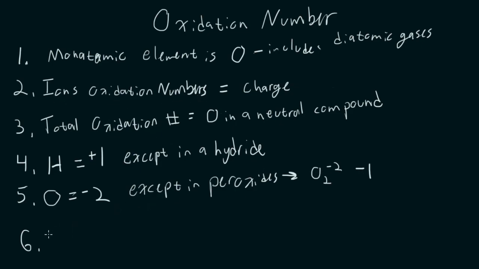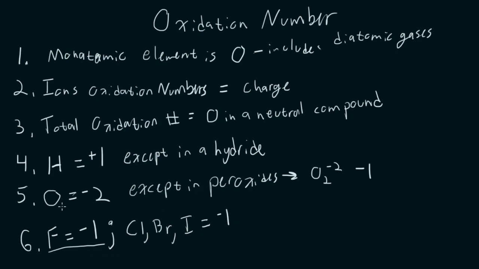Okay? And the final rule is going to be fluorine is always -1. Always. Fluorine has no exceptions. Following fluorine, chlorine, bromine, and iodine will all have a -1 charge unless rule 4, 5, or 6 with fluorine gives them an exception.